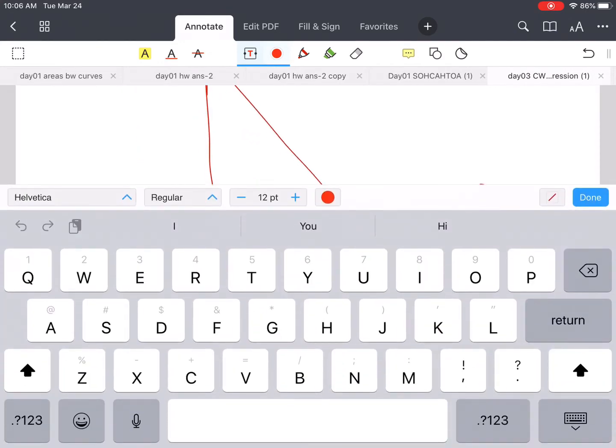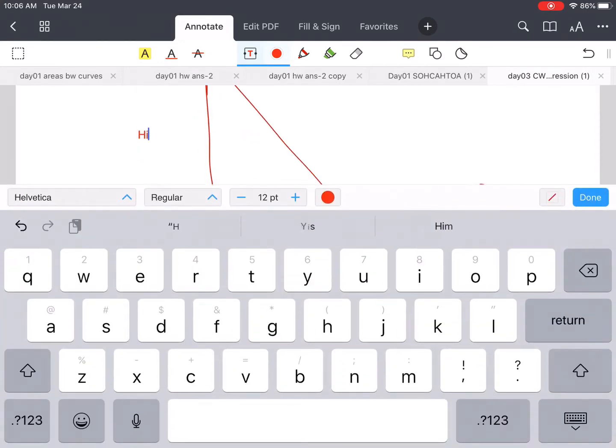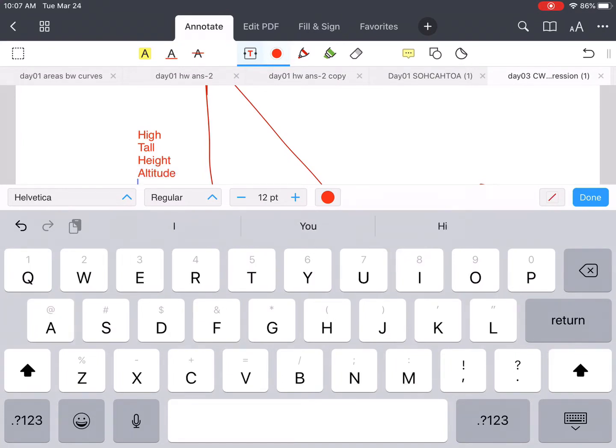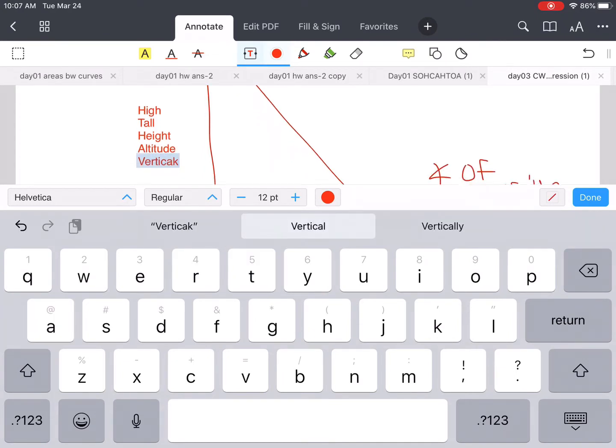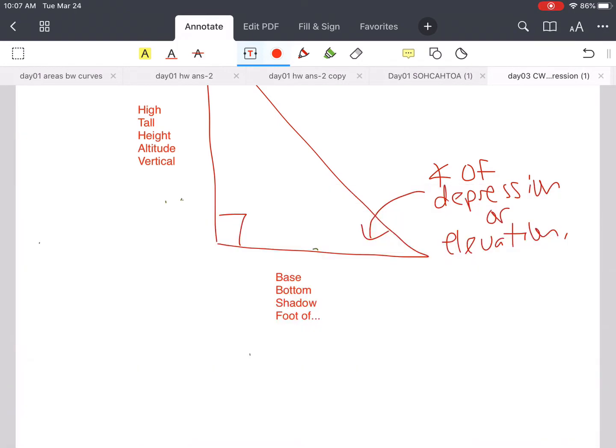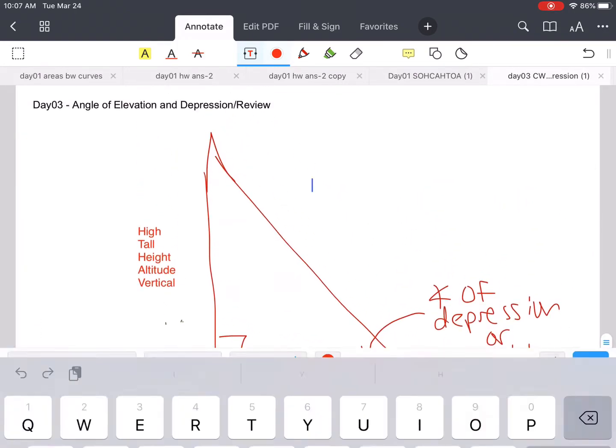Over here, some words would be like how high something is, how tall something is, the height, the altitude, the word vertical. These are all words that you get used to that go there, okay? And you can add more.